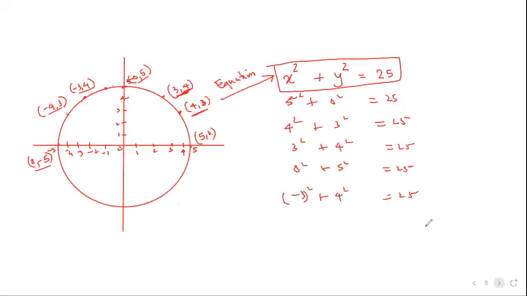Again, you draw a x-axis and y-axis. Don't mark too many numbers, just few. The concept should be very clear. That's why I'm making you draw this. 1, 1, 2, 2, 3, 3.